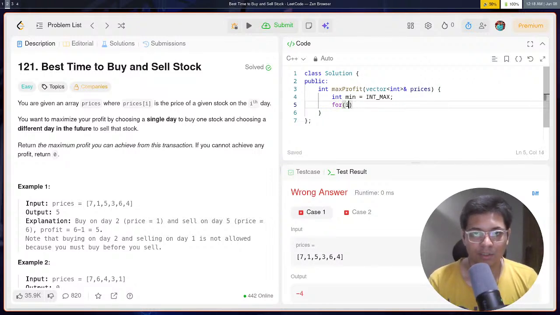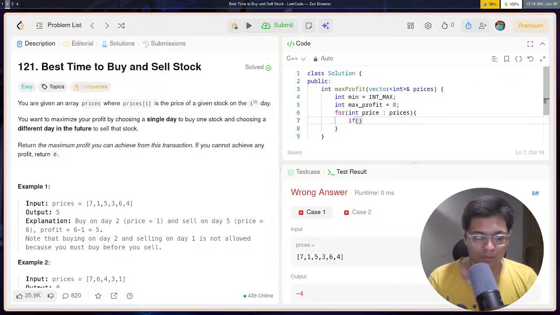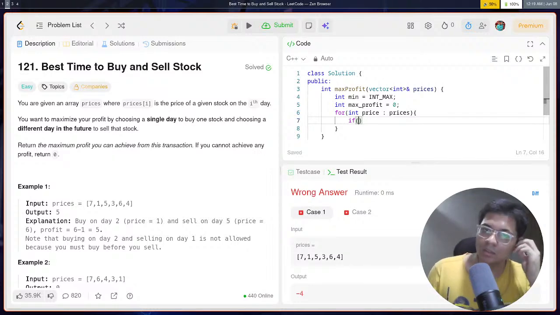Let's set the maximum profit equal to 0. Then for int price in the prices, if we encounter a number smaller than int max.